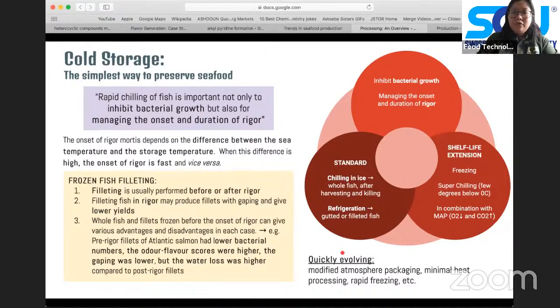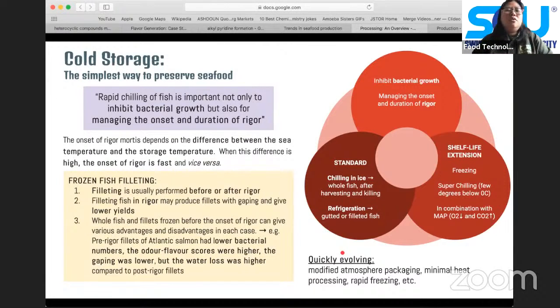The rapid chilling of fish is important, not only to inhibit bacterial growth, but also to manage the onset and duration of rigor. The onset of rigor mortis depends on the difference between the sea temperature and the storage temperature. You probably see that when people are transporting fish, they take some of the water from the environment where the fish were grown, and then add some other water, so they avoid a shocking temperature.